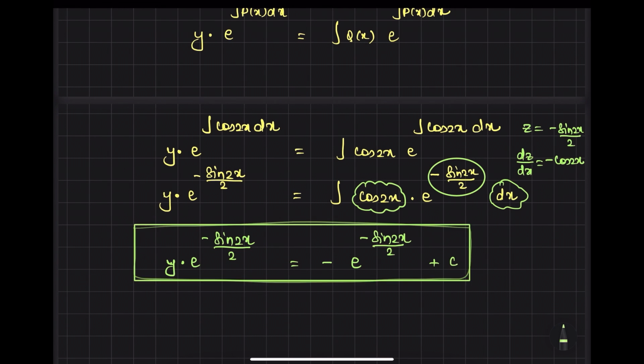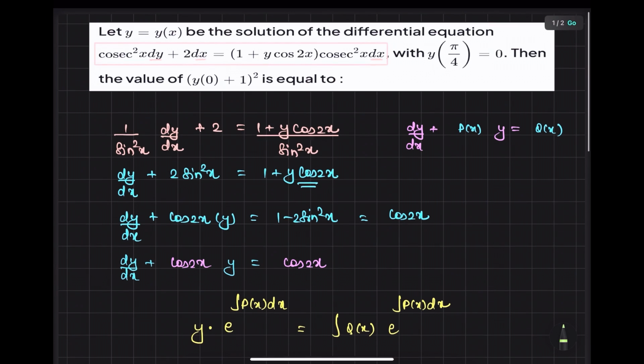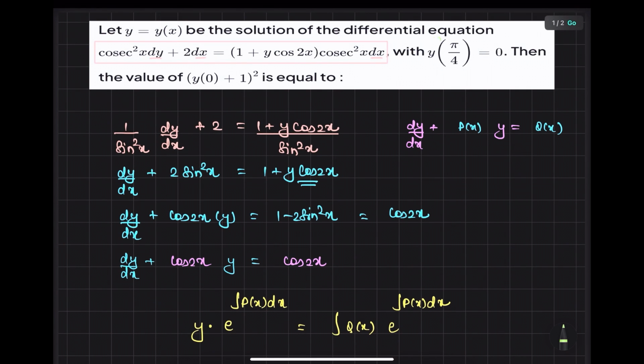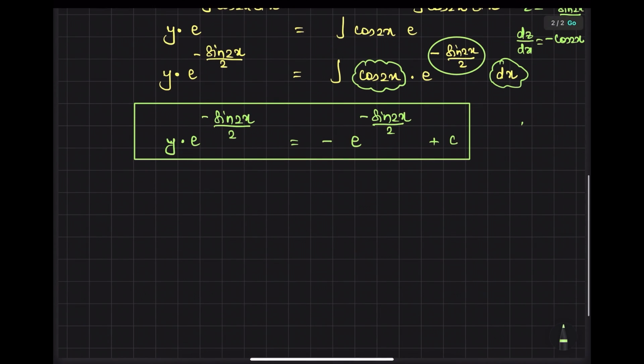I hope till this part you guys are super comfortable. Okay? Now the idea is they have given you this situation. So we have to replace x with pi by 4, y with 0. Pi by 4, comma 0. So your curve is satisfying this situation. If y is 0, this component will become 0.